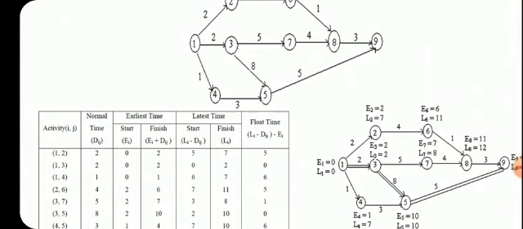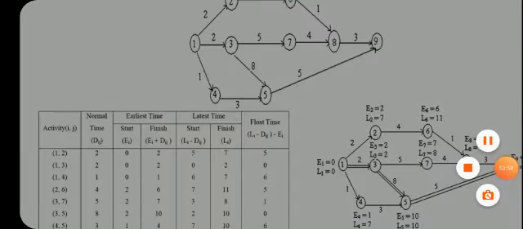Total float is the latest finishing time minus the earliest finishing time. Free float is the total float minus head slack. Interference float is the total float minus free float. Independent float is the free float minus tail slack. These can be calculated, and the critical path will also be calculated.